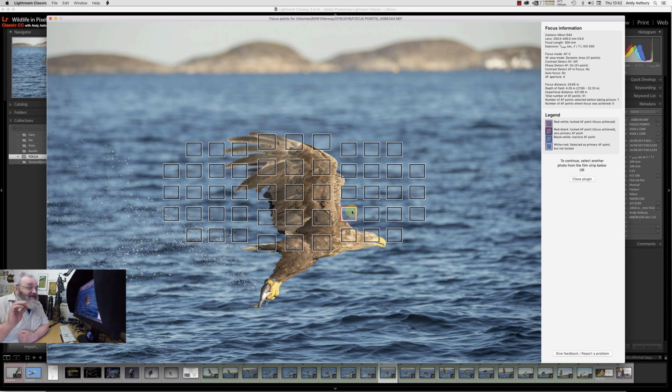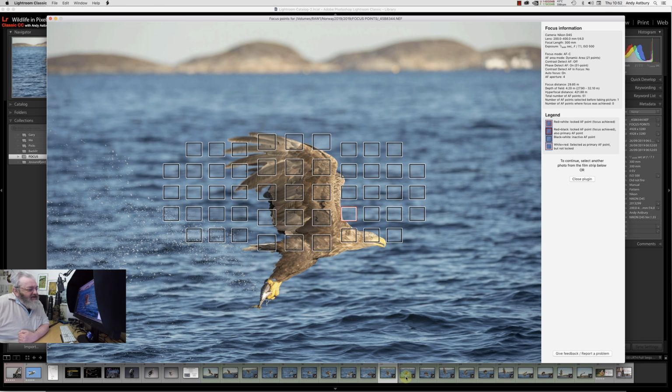If I jump all the way over to this one, now you can see this is the first shot in the sequence where it decides to switch points. Why it switched to that point, I don't know. The 21 points being used are this group of 15 here, plus that one, that one, that one, that one, that one, and that one. Those are the points within that 21 point group.